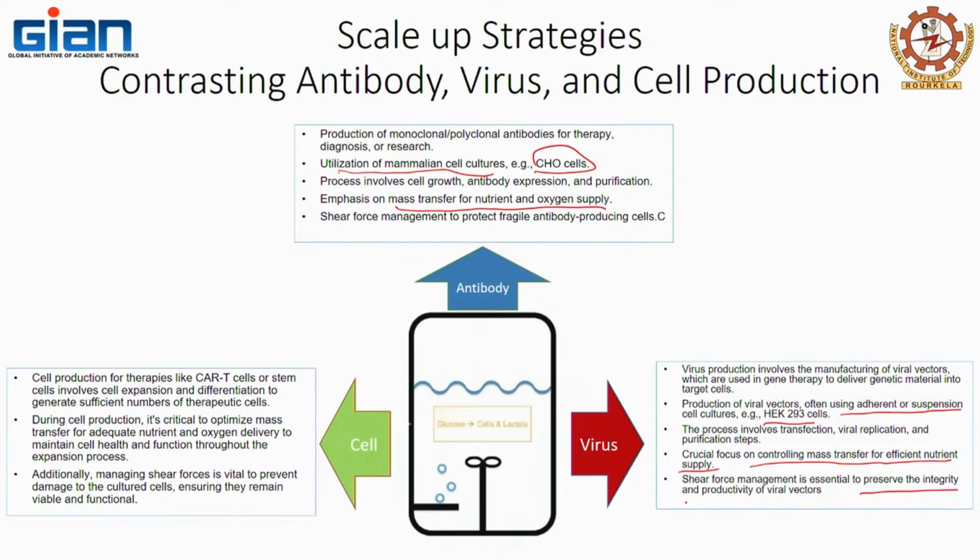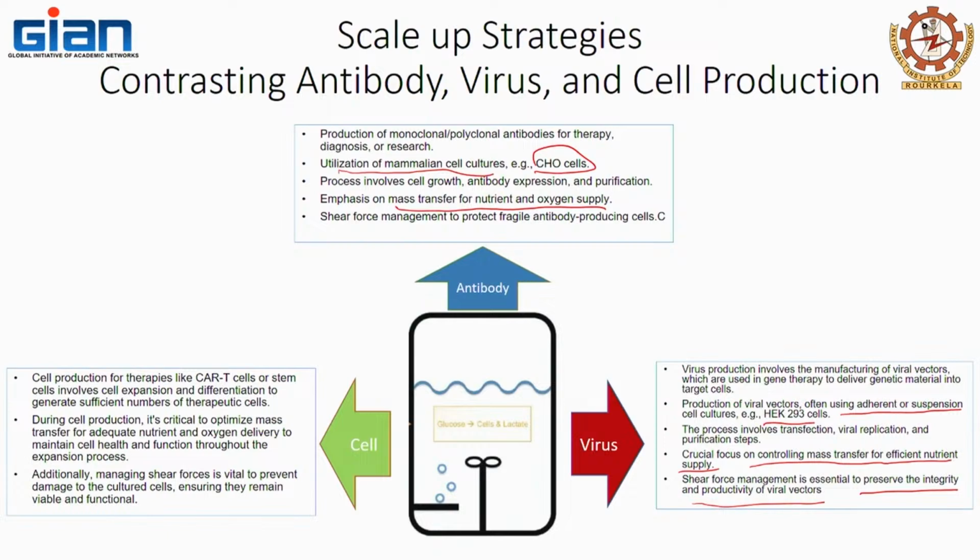Crucial focus is on controlling mass transfer for efficient nutrient supply. Shear force management is essential to preserve the integrity and productivity of the viral vectors. Again, agitation has to be very controlled in this case, but you do need the mass transfer, right. So, agitation has to be there to make sure the mixing is there, mixing exists for the oxygen to get your OTR to be higher than your OUR.